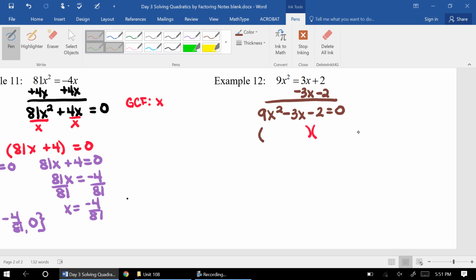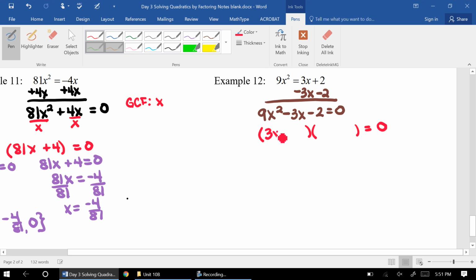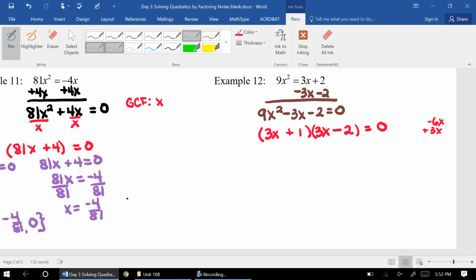So let's see. 3 times 3 is equal to 9. And if I make this a 2 and a 1, here I have a 6 and a 3. So this needs to be negative. This is positive. -6x plus 3x will give me the -3 I need in the middle. So I have it factored.